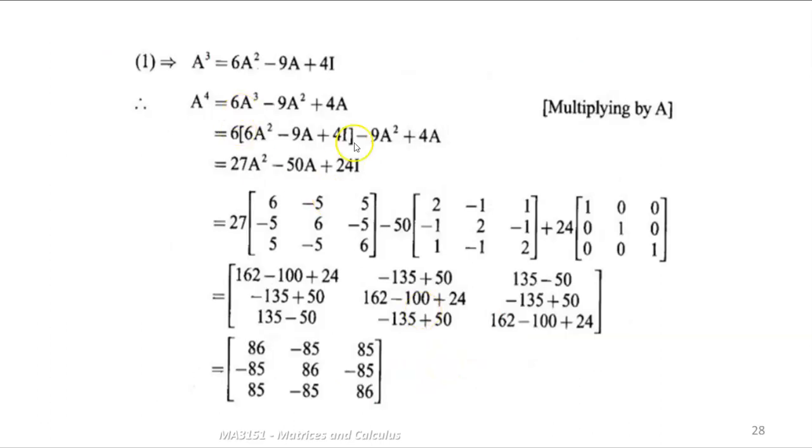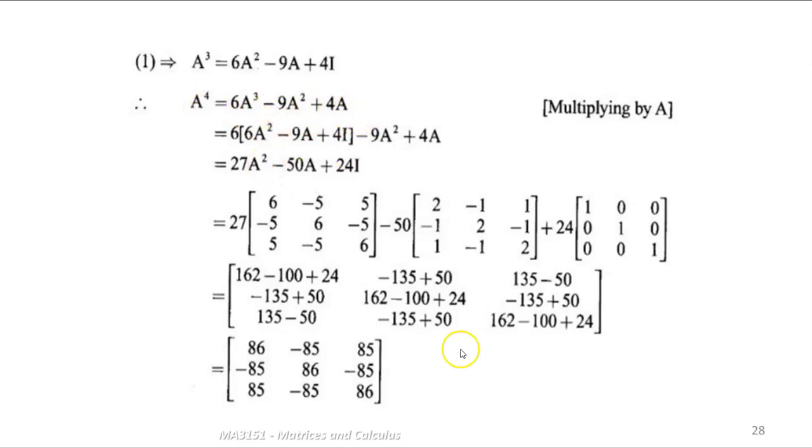Now we are going to find A power 4. Since A cube equals 6A square minus 9A plus 4I, on both sides you multiply with A, then the LHS becomes A power 4. The RHS becomes 6A cube minus 9A square plus 4A.